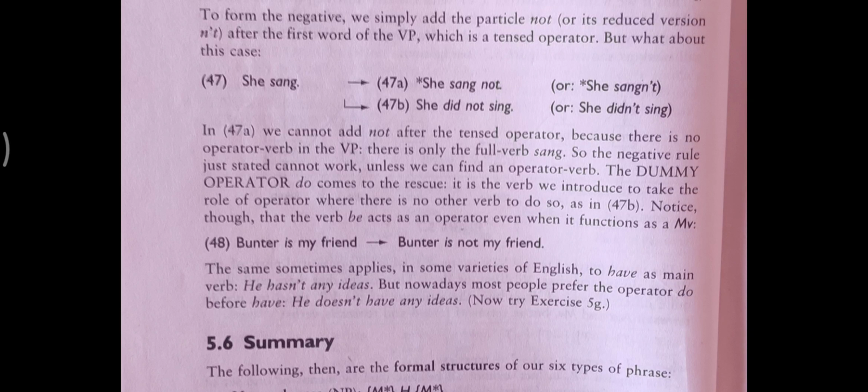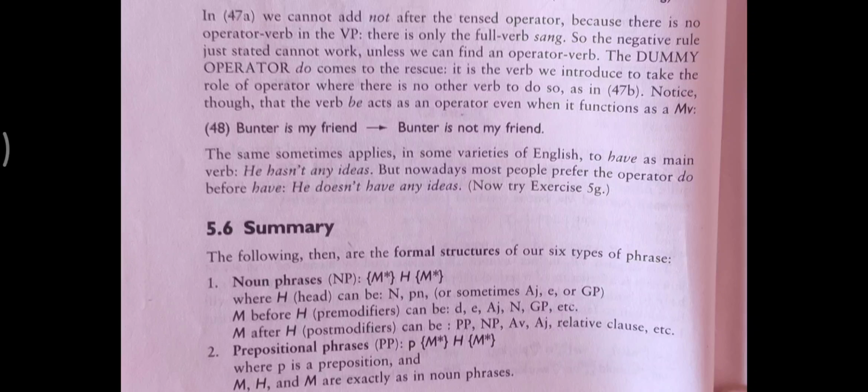Bunter is my friend; Bunter is not my friend. See the example: she sang, she did not sing. So like this, dummy do comes to our rescue, and then we can make the sentences negative.